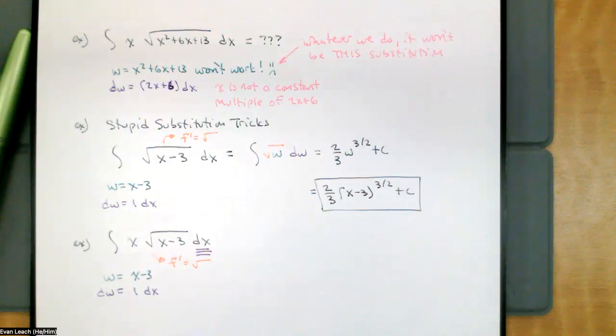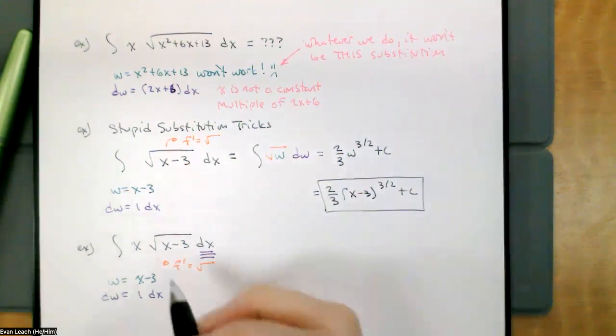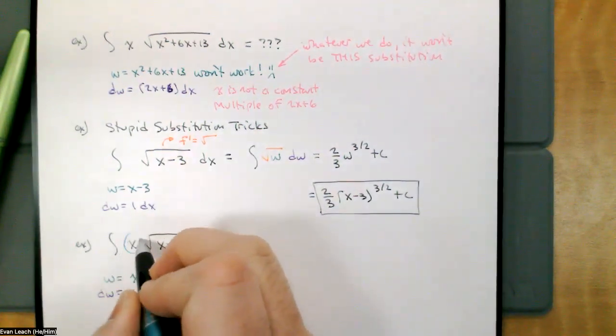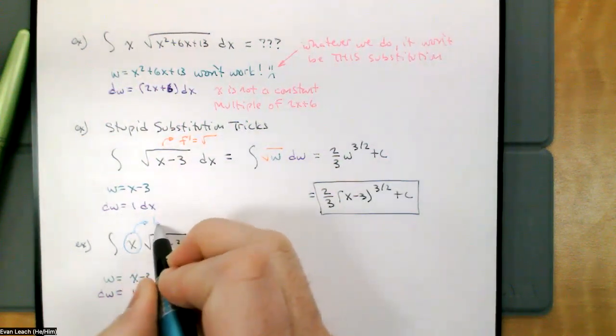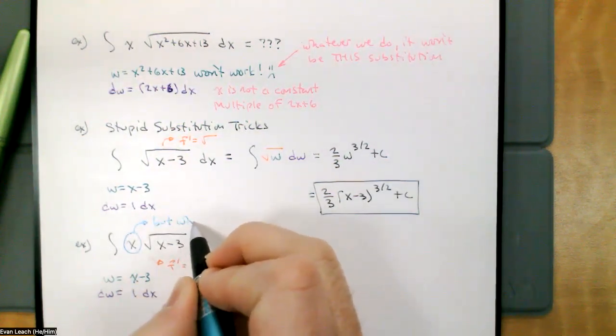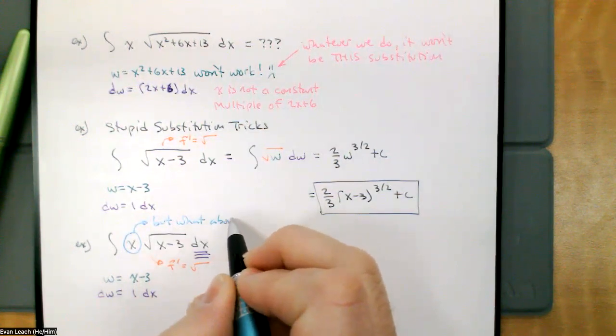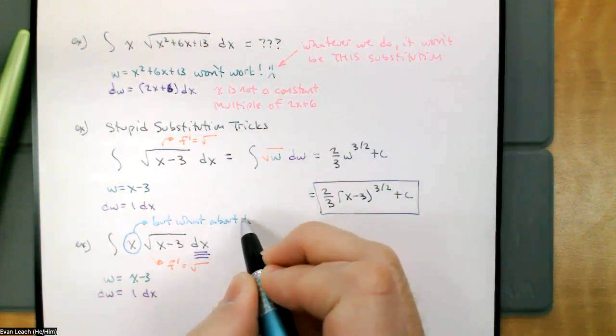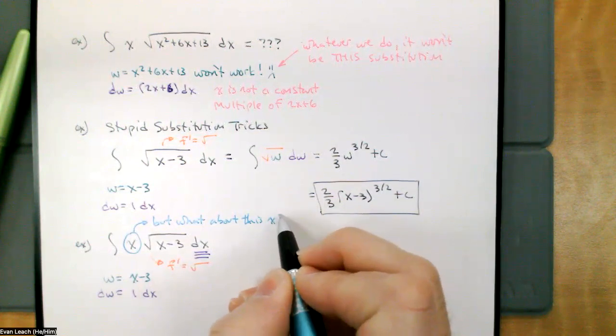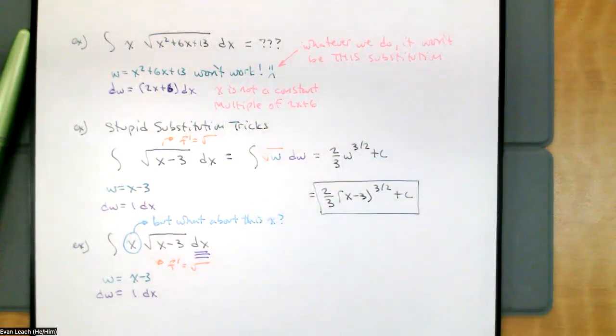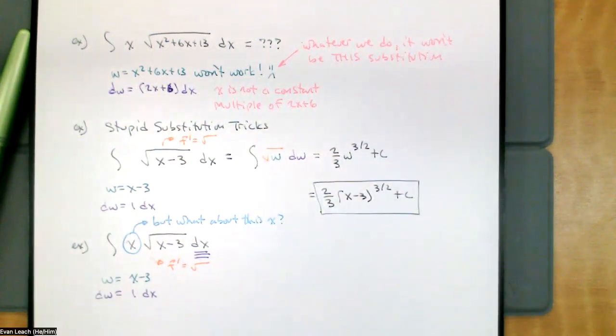I have to translate from an integral in x to an integral in W. So we need to deal with this x out in front. Everything else can be accounted for.